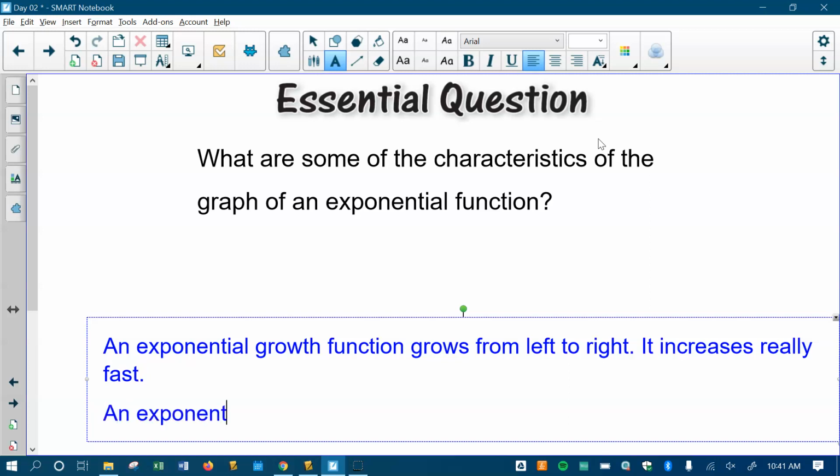An exponential decay function gets smaller. The y values get smaller, so it gets smaller from left to right.